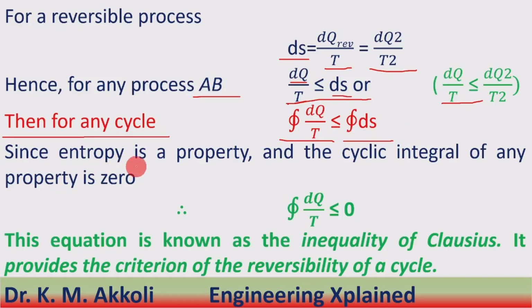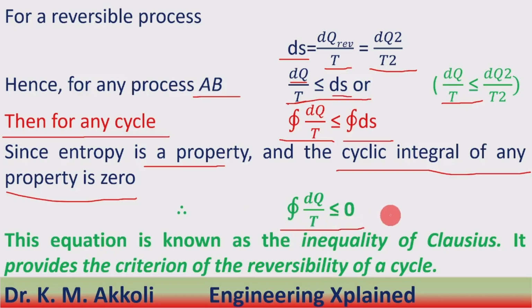Since entropy is a property, and the cyclic integral of any property is 0, this term becomes 0. Therefore the cyclic integral of dq by T is less than or equal to 0.